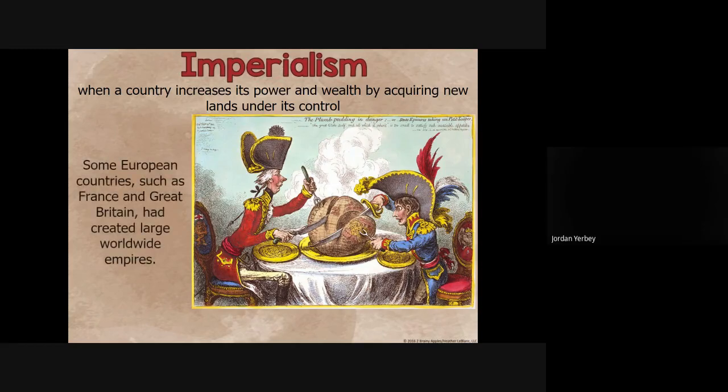Some European countries, such as France and Great Britain, created large worldwide empires. And other countries like Germany and Russia wanted to begin building their own empires. And this led to a lot of competition. This competition led to rivalries, and these rivalries led to conflict. And so this pursuit to be the strongest world power also led to a lot of issues.